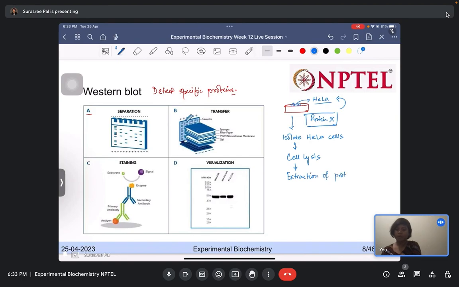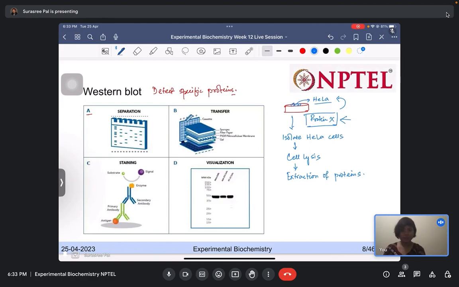So that will be the first step. So extraction of proteins is done from these particular cells, and this pool of proteins will contain many proteins from the cell, and from that we have to detect whether the protein X is present in this pool of proteins or not.